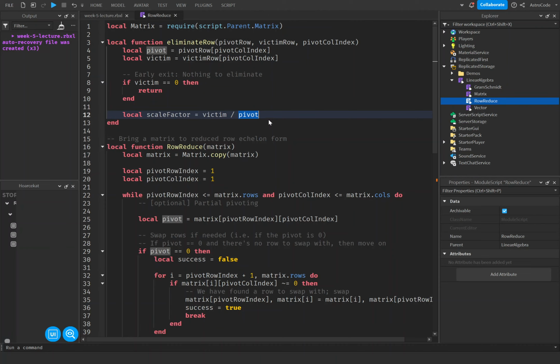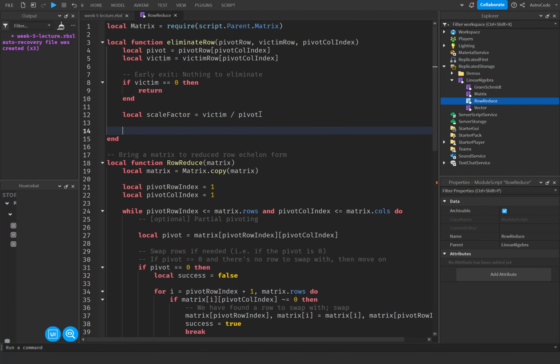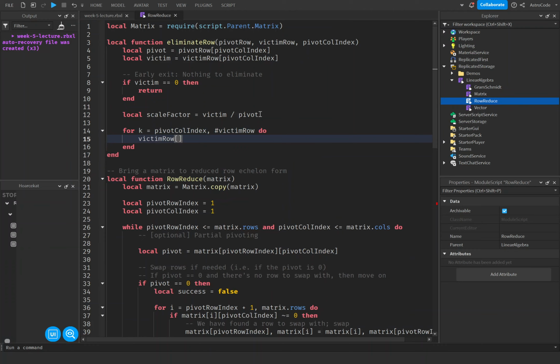And now we can subtract the pivot row from the victim row. So the element in the kth column, we're going to subtract away the scale factor times the element in the kth column from the pivot row.